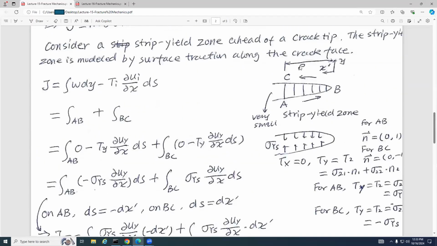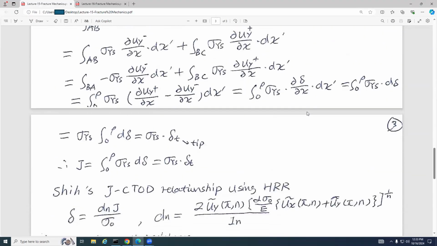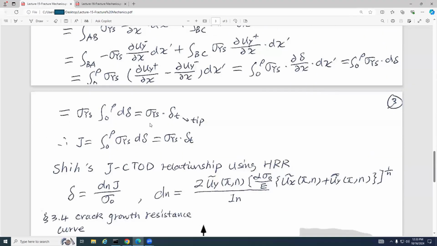So here is rho, right? From this tip to this tip. This is rho. You understand, guys? Then J equals sigma ys multiplied by delta T, the crack tip opening displacement at the crack tip.